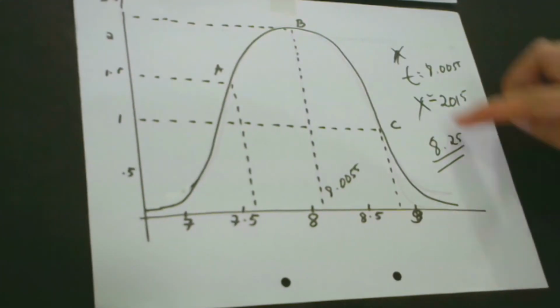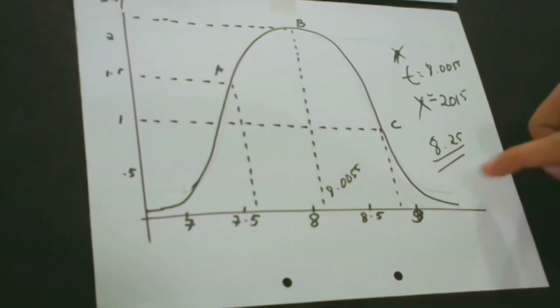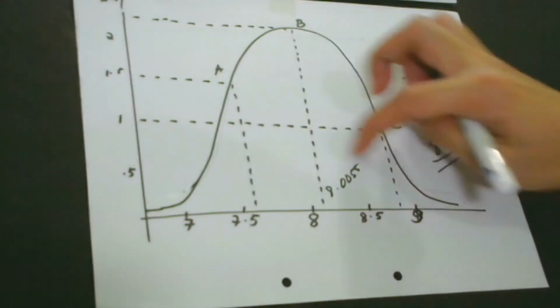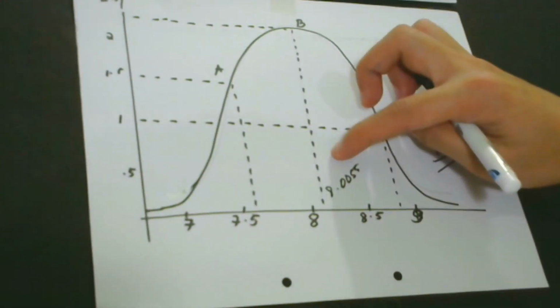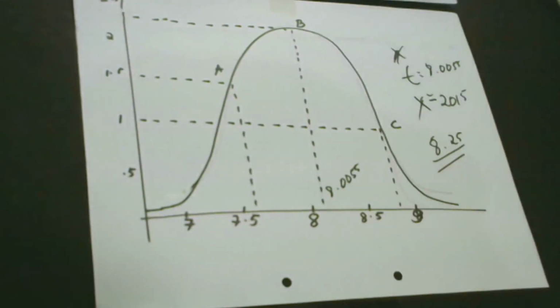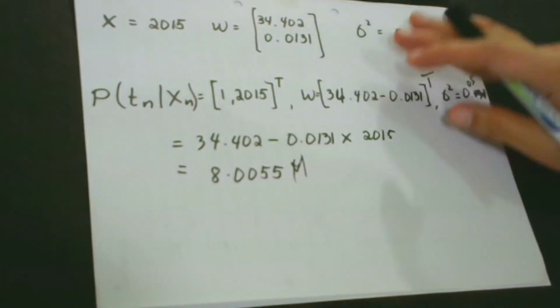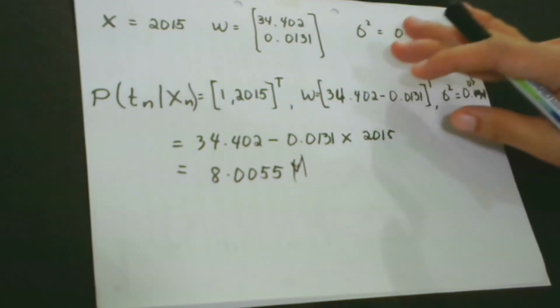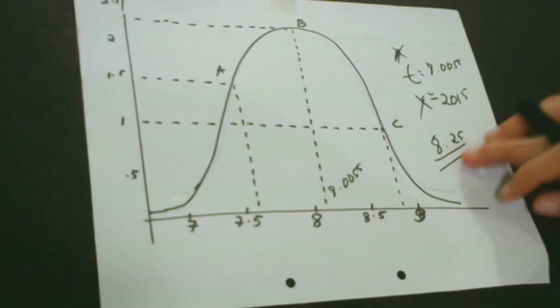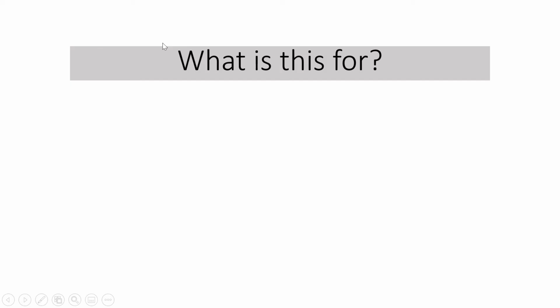And the fact is that we cannot change this one. We cannot change 8.25. The best thing to do is to go back to this one, where we can do something about it. So what we're going to do is change w here and our standard deviation so that we can adjust the density to go at least closer to 8.25, if not the exact value of 8.25.